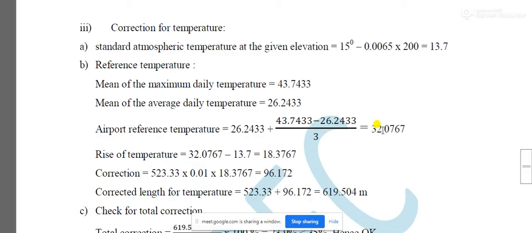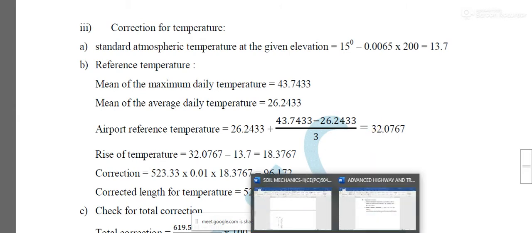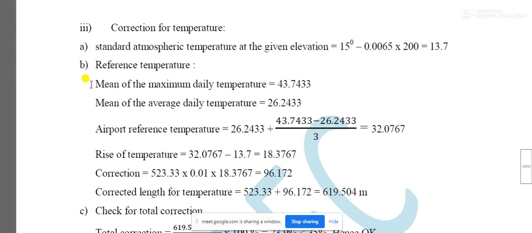Now you may calculate the mean of maximum daily temperature and mean of average daily temperature.